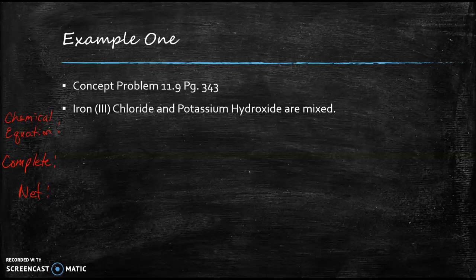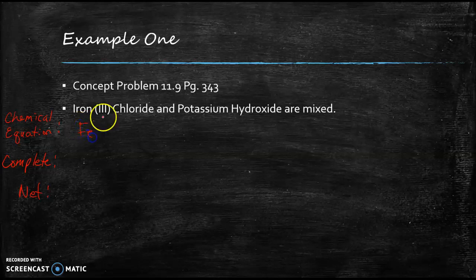So, starting off with our chemical equation, we have iron 3 chloride and potassium hydroxide. Pause the video here and set up your chemical equation with predicting products using your solubility rules. Alright, let's look at what we have.